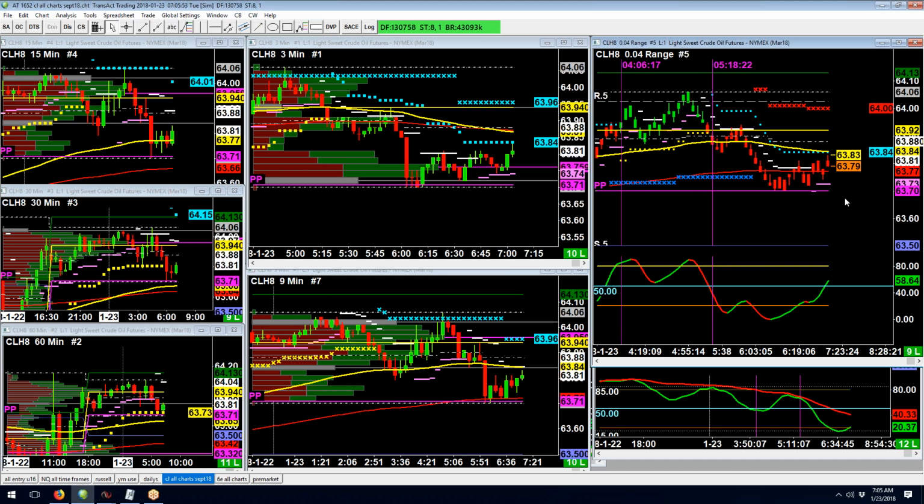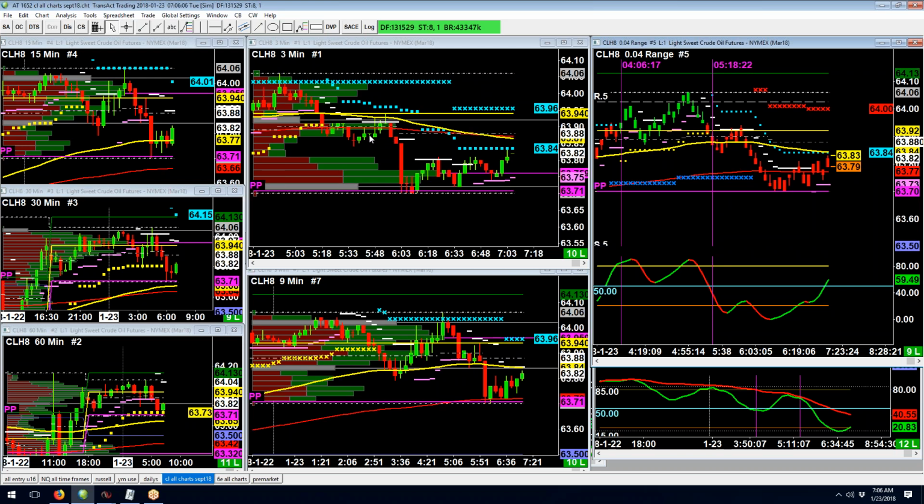Now, when you're taking those, obviously most of you know what support and resistance is and how to draw it. Another alternative to that is if you put the super trend stop on your higher time frames, you could use those as likely reaction areas. So like I said, you can use anything you want.